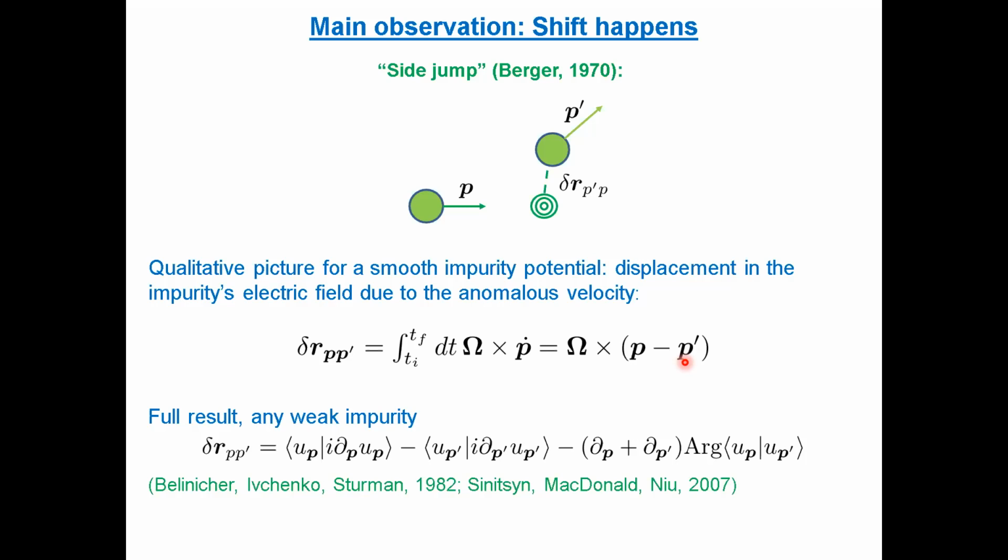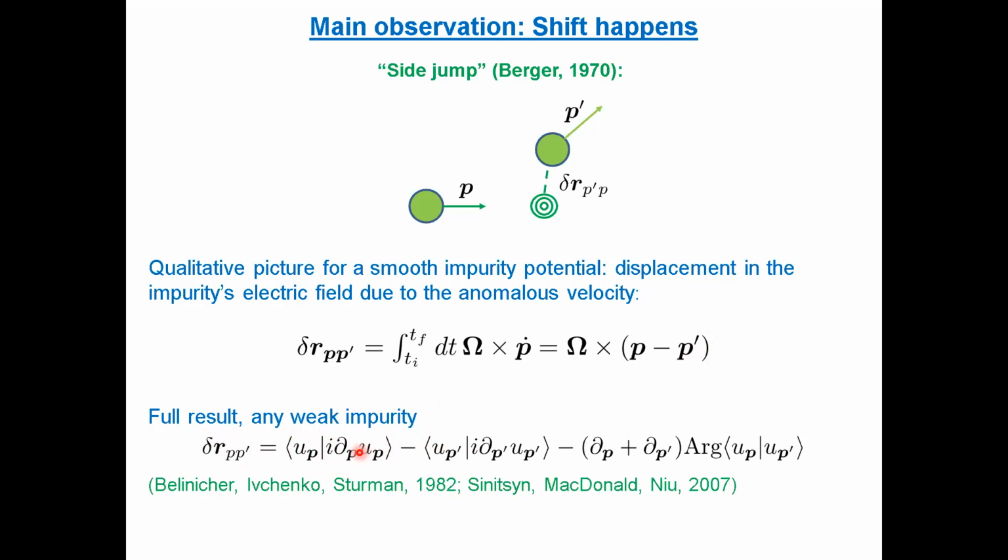For weak impurities, which can be treated in the Born approximation, the expression for the shift is very well known. The expression for the shift contains the difference in the Berry connections, which you would naively expect to be there. But this expression is not gauge invariant.